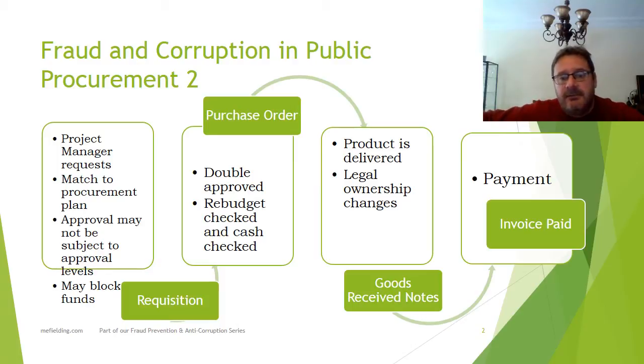So let's assume it's an iPhone, it costs $500. What the system will do is it will go in and it will earmark $500. So you will have available funds to spend in terms of cash that the project has, and this will earmark $500. That happens in some organisations. It doesn't happen in others at this stage.